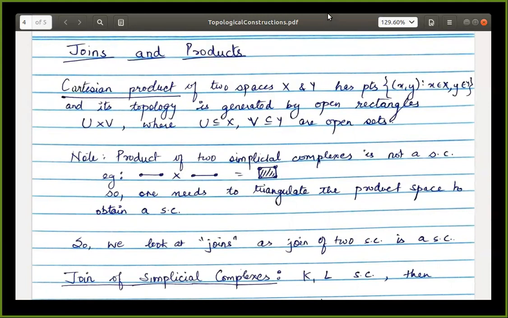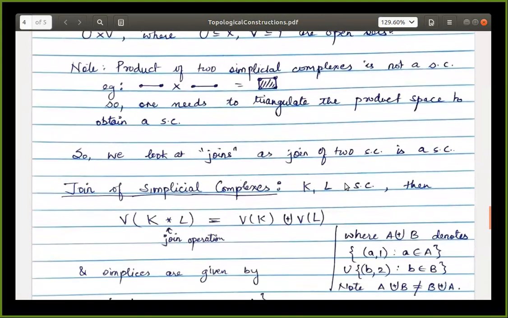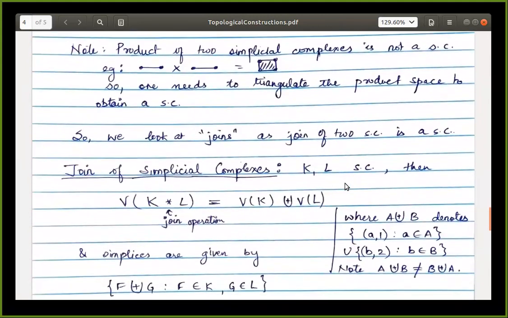And for joins, we see the join of two simplicial complexes is a simplicial complex. So let's see the definition.